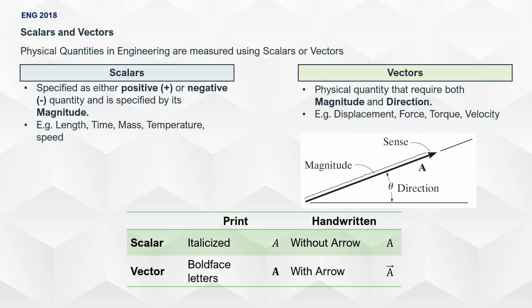For our purposes, you would notice in our module and the books that those in bold-faced letters are classified as vectors, and those in italics are scalars, just for distinction. But since we're going to be solving by hand most of the time, the letter with an arrow will be your vector, and the one without an arrow will be your scalar or your magnitude. Okay?